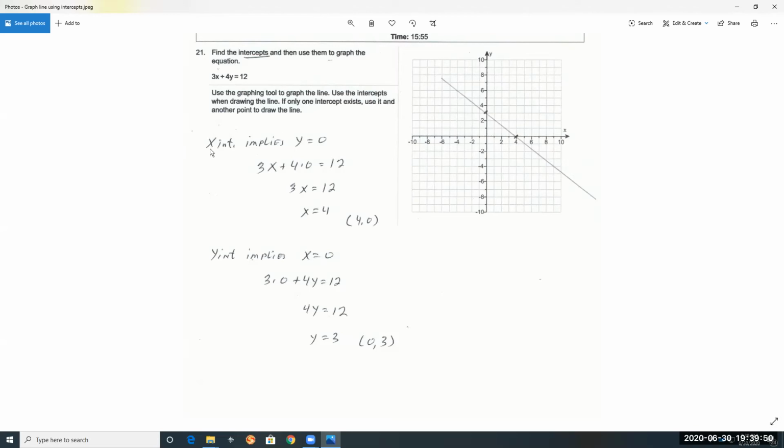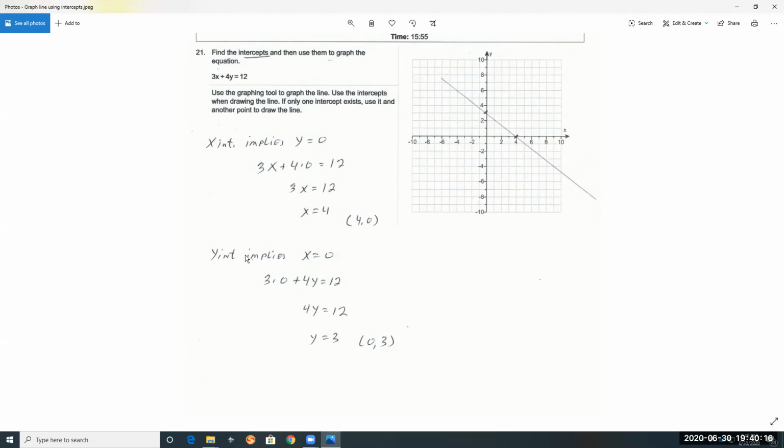If we want the x-intercept, that implies we're on the x-axis, so the y value is 0. Plugging in 0, we get 3x plus 4 times 0 equals 12. 3x equals 12. Therefore, x equals 4. The point that we want to plot is (4, 0), the x-intercept.